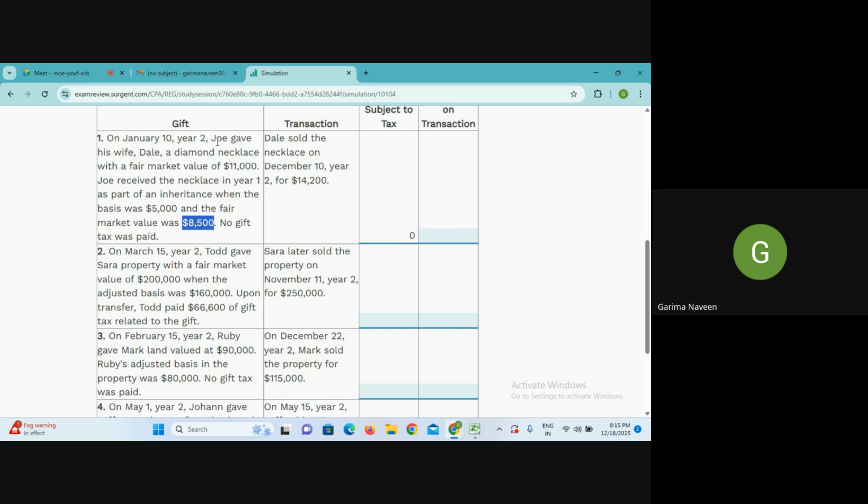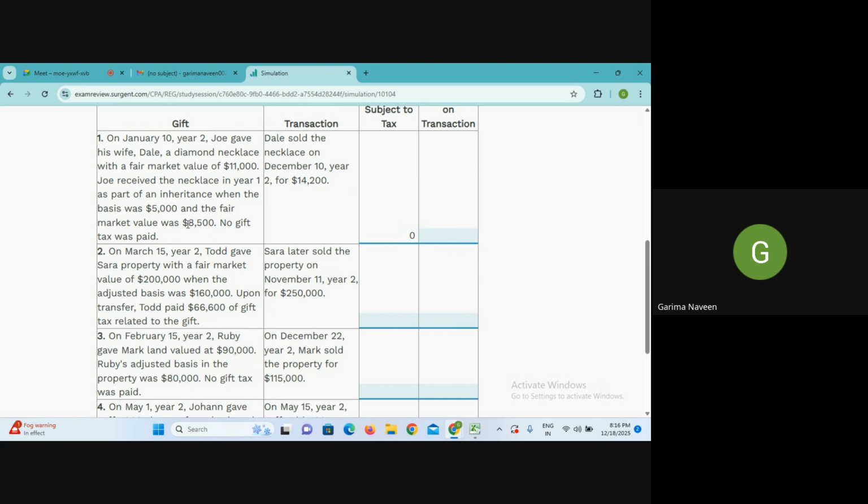Now this necklace is gifted to his wife. So now you have the case of property that is gifted to somebody else. For Dale, if you are receiving any property in gift, then the basis will be carryover basis unless the fair market value is less than the original basis.